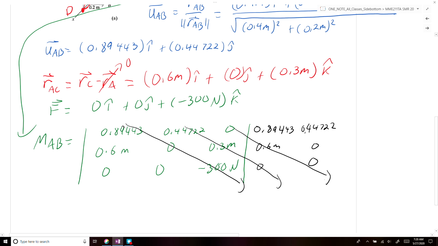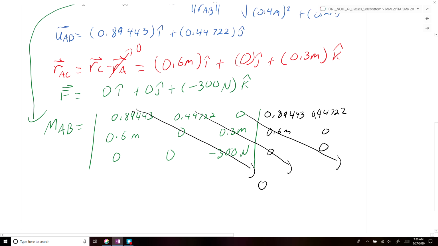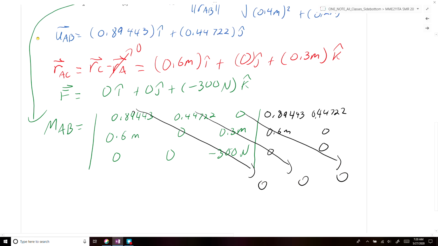And then we'll take the diagonals going the other way. All of these are equal to 0, and then the diagonals going in the opposite direction would be 0, except for one term here.